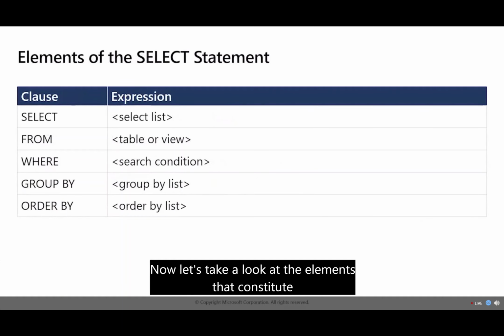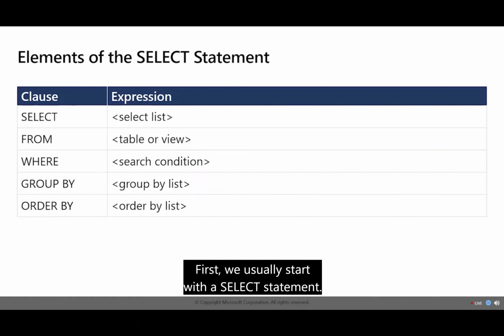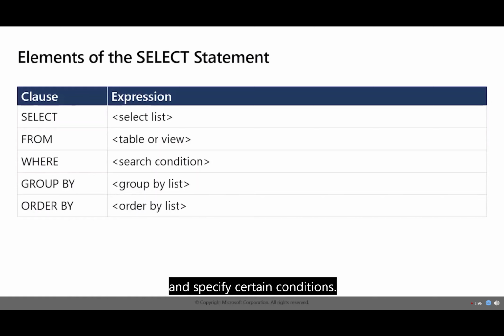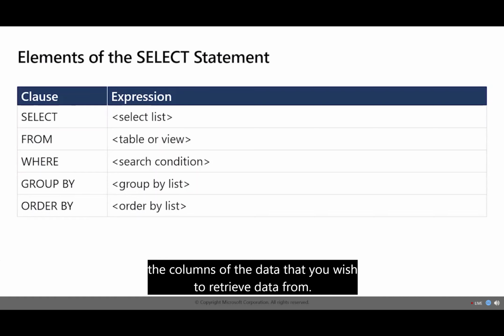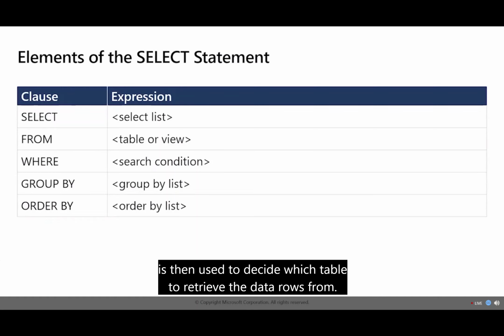Now let's take a look at the elements that constitute a typical SQL query using DML statements. First, we usually start with a select statement. You can use a select statement to retrieve data from tables and specify certain conditions. After the select statement, you would typically specify the columns of the data that you wish to retrieve. Now, the from statement is then used to decide which table to retrieve the data rows from.